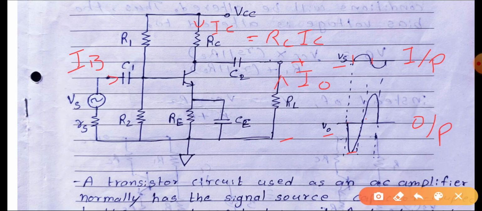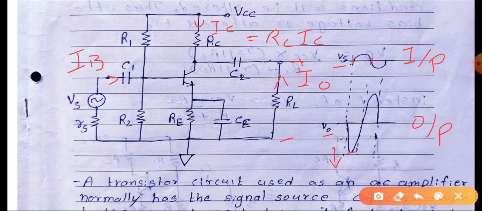When IB increases, IC also increases, and when IC increases, the voltage drop across RC increases, thus decreasing your output voltage in the negative side. So when your input voltage is increasing in positive sign, then your output voltage is increasing in opposite sign, that is negative sign.